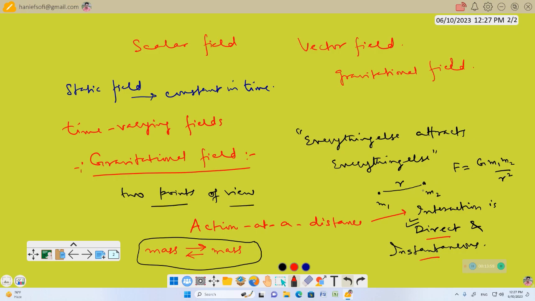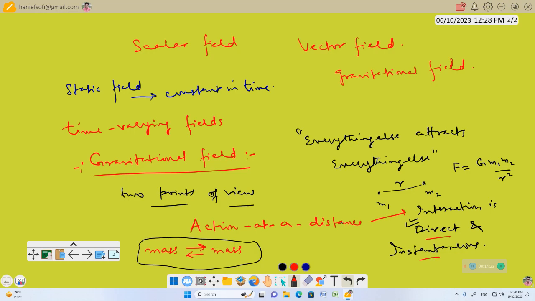Now, when I move m1 relative to m2 or m2 relative to m1, the other mass will sense the movement of one mass. The question is, when will it sense that?